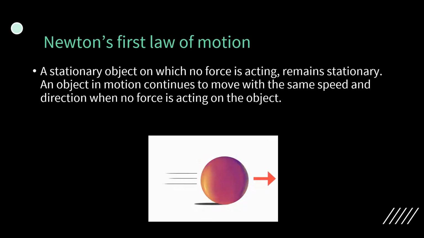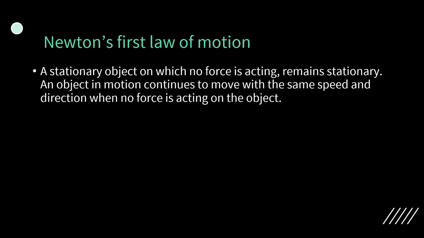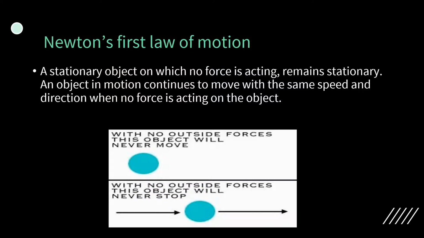Children, hope you are now clear about the reason for our experiment. So, an object which is at rest, where no outside forces are acting on it, will not move. In the same way, a moving object, when no outside forces act, will not stop. This is Newton's first law of motion.